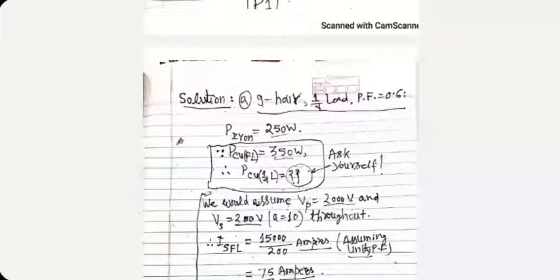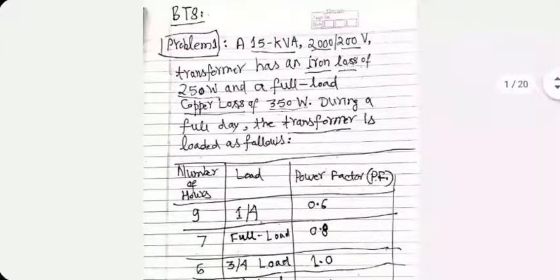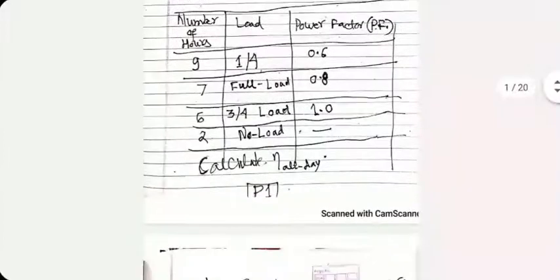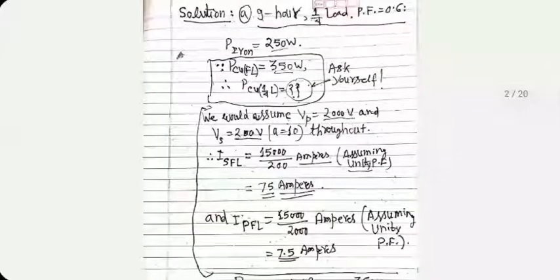Now full load copper loss is given as 350 watts. Copper loss depends on the square of the magnitude of the current. Right. So if the current is 1/4 of the rated value, first of all, let's calculate the rated value.